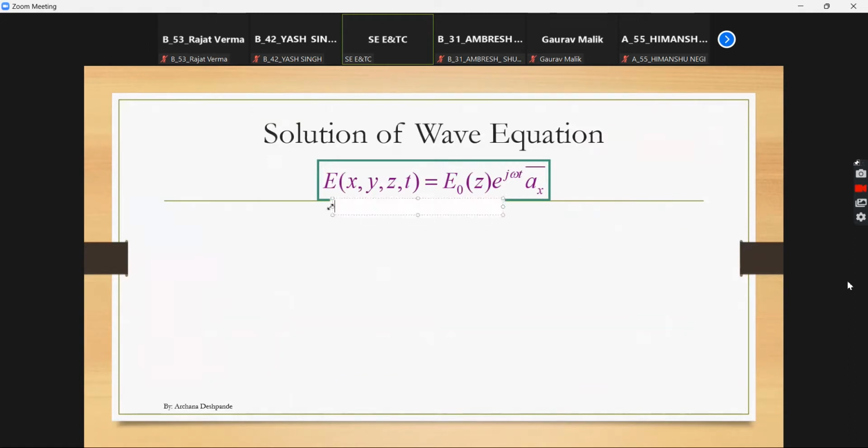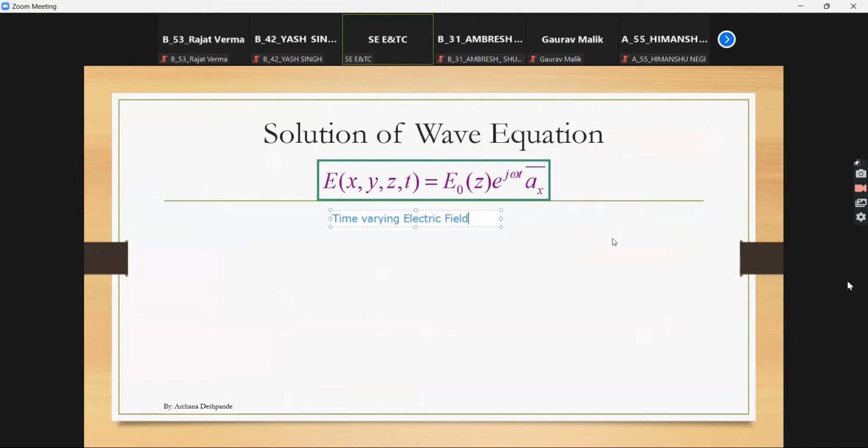So this is a time varying field which we have accepted.